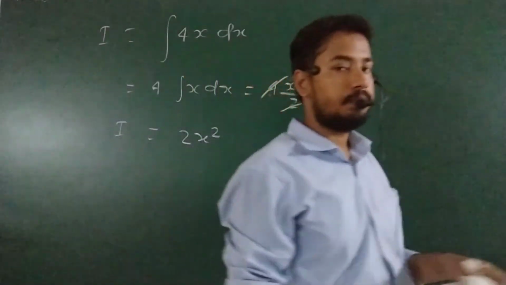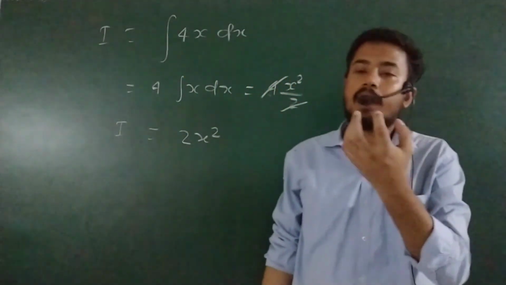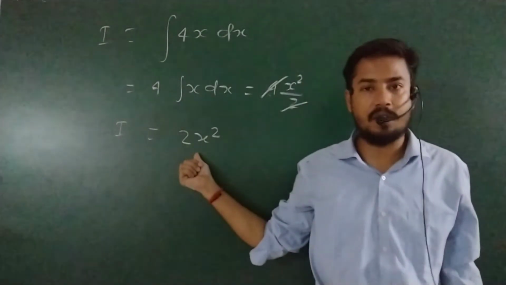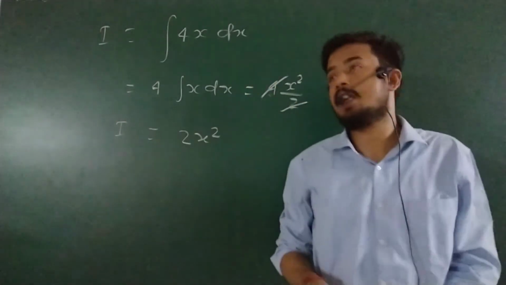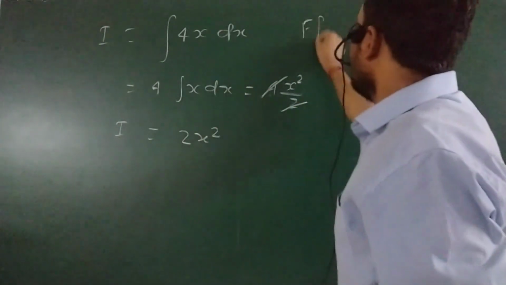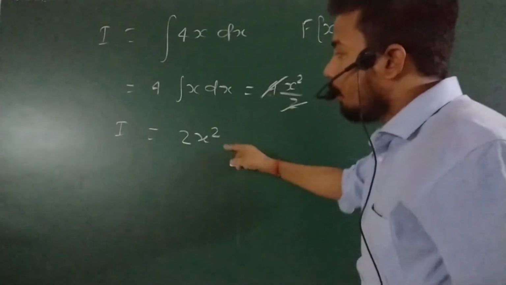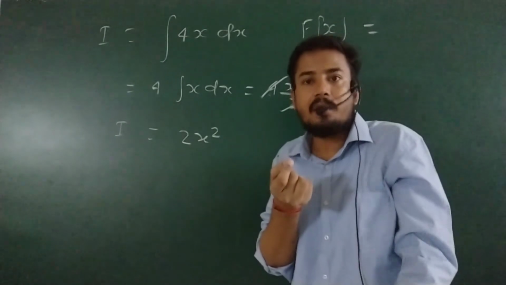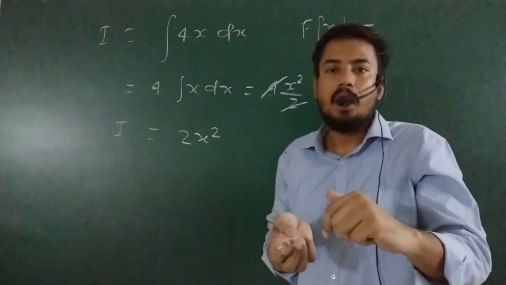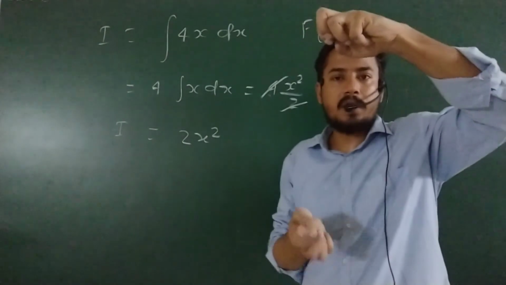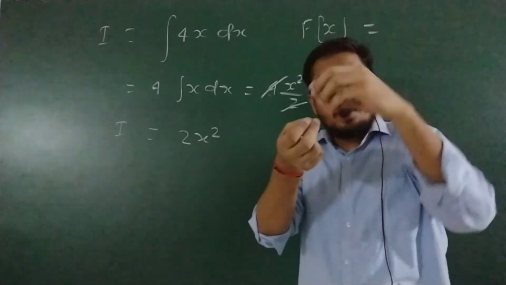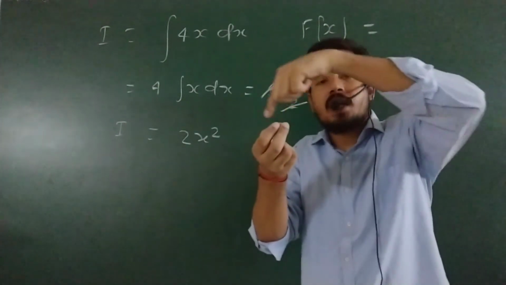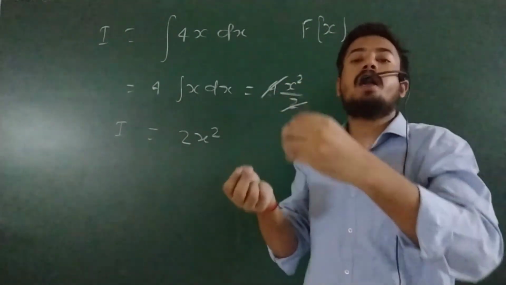Now you can see, according to our theoretical concept, the integration should give the initial function. But what is the initial function? Go and see. According to our theory, if we take a function, take its differentiation, and again take the integration of this differentiated function, it will give you the original function.